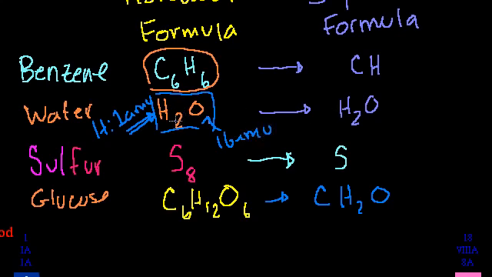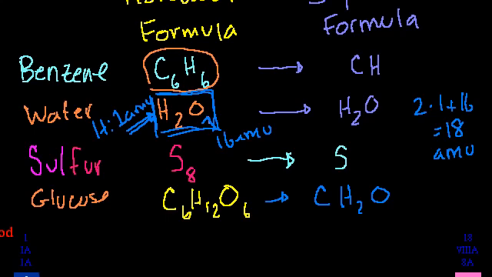So for the entire molecule, you have 2 hydrogens, so 2 times the mass of hydrogen, plus 1 oxygen, plus 16. So it equals 18 atomic mass units for water. And once again, if you want to say what percent by mass of water is oxygen, it's 16 out of the 18.